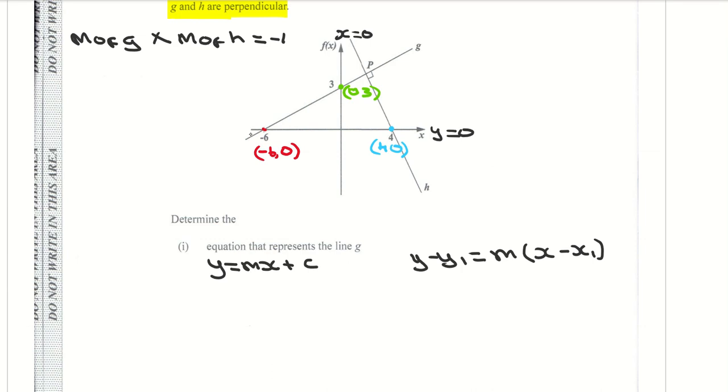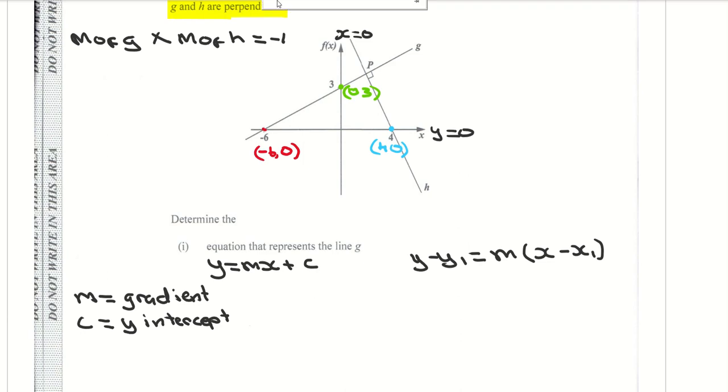What do we know about y equals mx plus c? m is equal to your gradient and c is equal to your y-intercept. Your y-intercept is where your line crosses your y-axis.